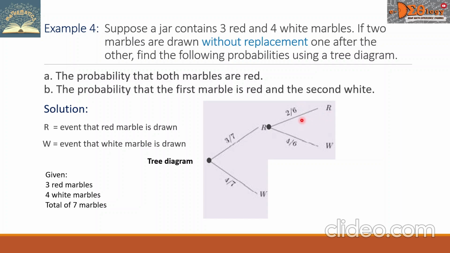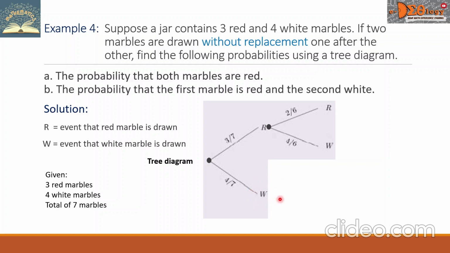So this is 2 over 6. Now for the white marble, the probability is 4 over 6. Remember that there will be 4 white marbles all over the total remaining marbles, which is 6. So 4 over 6.